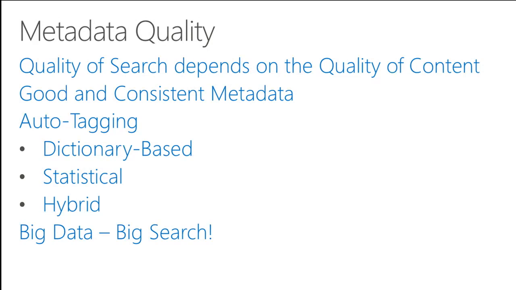For example, you define the dictionary of your products that contains the product names, the abbreviations, the synonyms for your products. And during the crawl in search, the crawler will extract the information, will find matchings with that dictionary, and if any matching is found, it puts that value into the index, right? So this is the dictionary-based auto-tagging. Of course, this dictionary can be advanced with third-party tools, but basically this is how it will work.